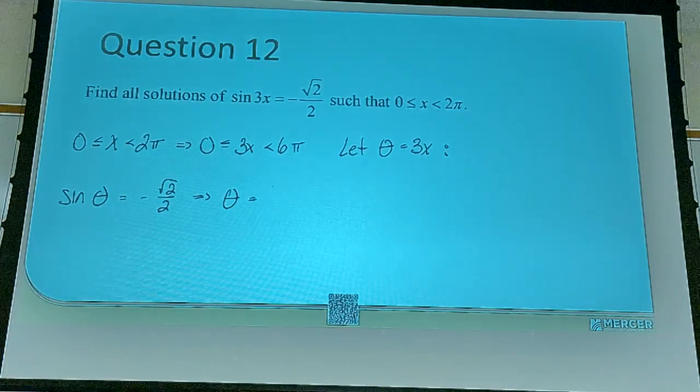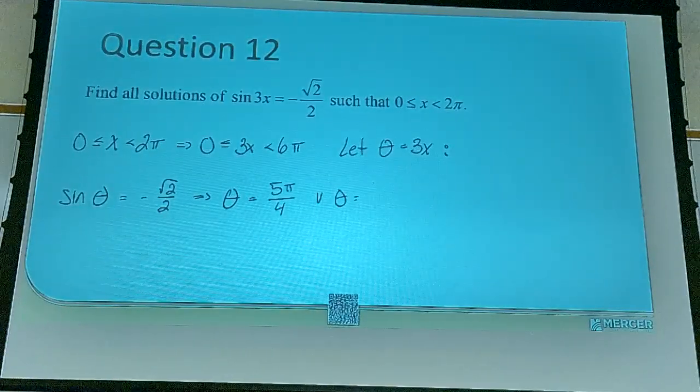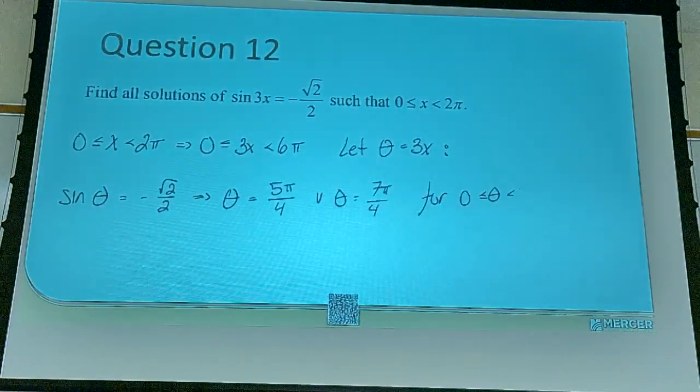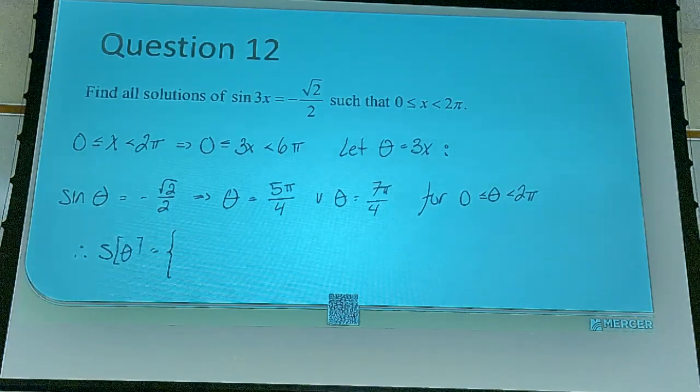Here's what I'm going to do. Let's do this. Solution set for theta.